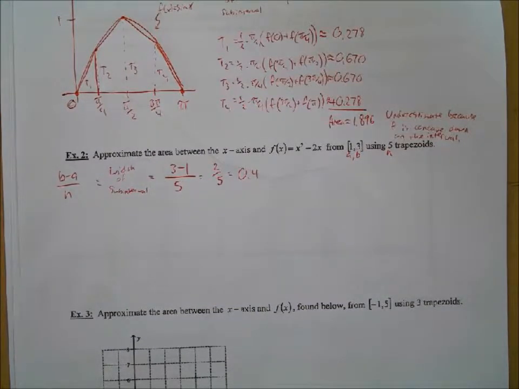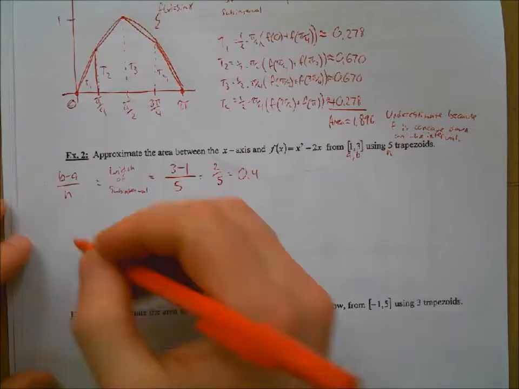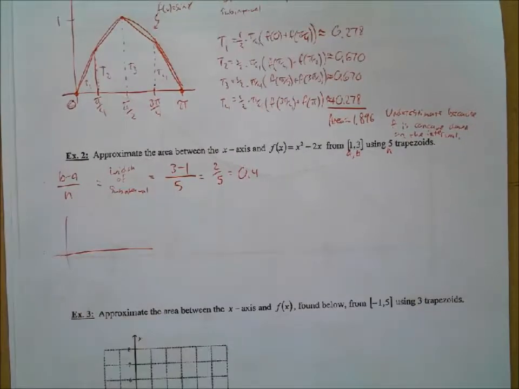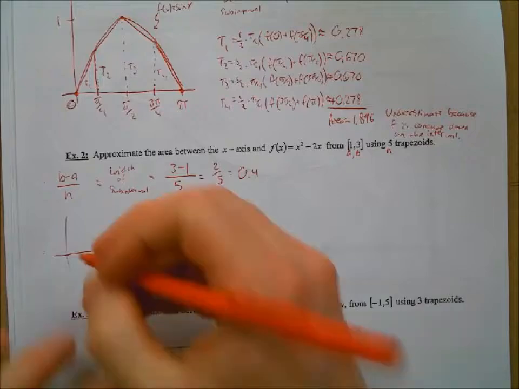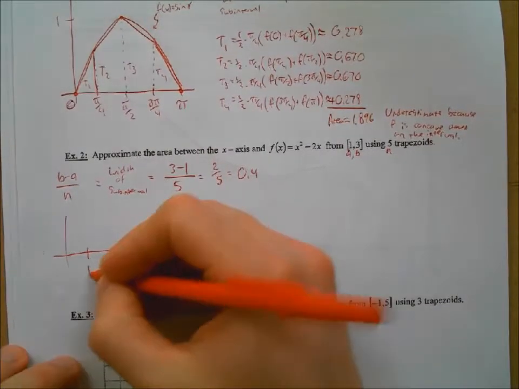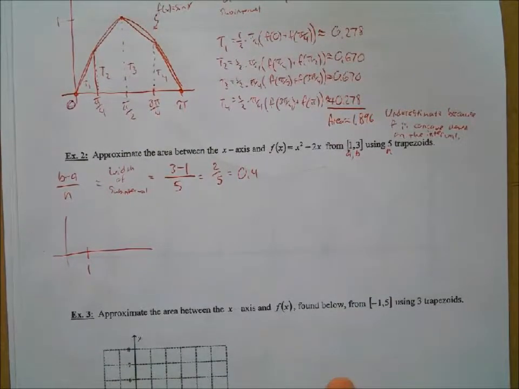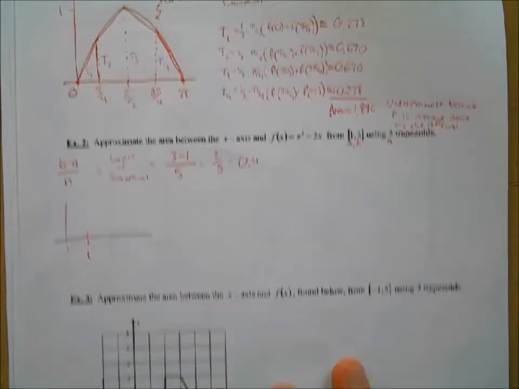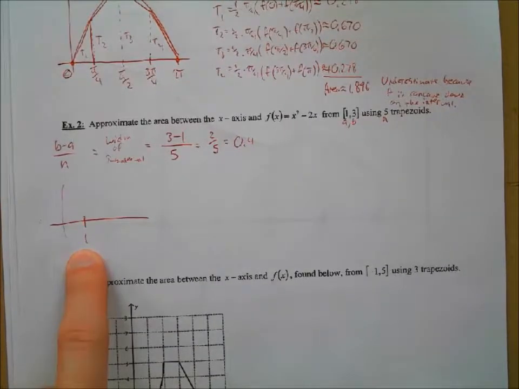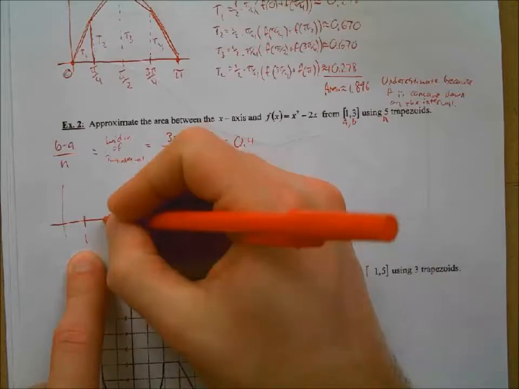I find it helpful sometimes when I do these problems, not so much to draw the graph, but just to draw out my subintervals. So if I start at 1, and my subinterval width is 0.4, what's the next endpoint for my subinterval? 1.4.